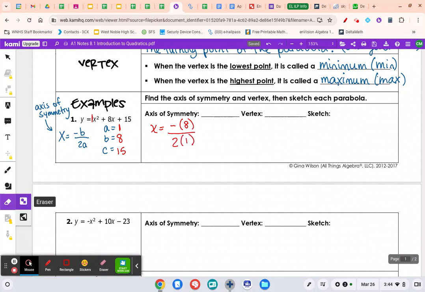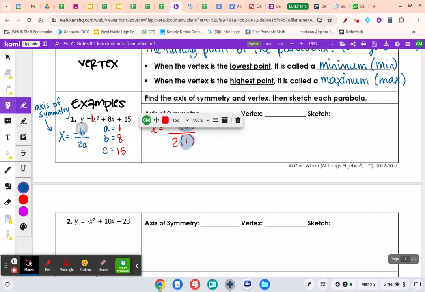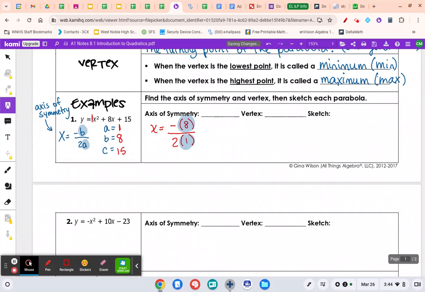Here, see that I put the b in parentheses, I put a in parentheses. I go ahead, I do this multiplication, I end up with negative 8 over 2, which means my axis of symmetry is at x equals negative 4. Reminder, this is a vertical line.